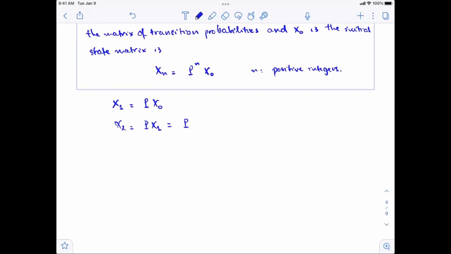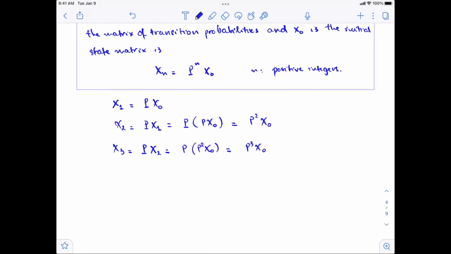So you get P times P x0, or P squared times x0. Now you get the value of x2, you move on to x3. So that is equal to P times x2. But x2 is equal to P squared times x0. So P times P squared times x0 gives you P cubed times x0.